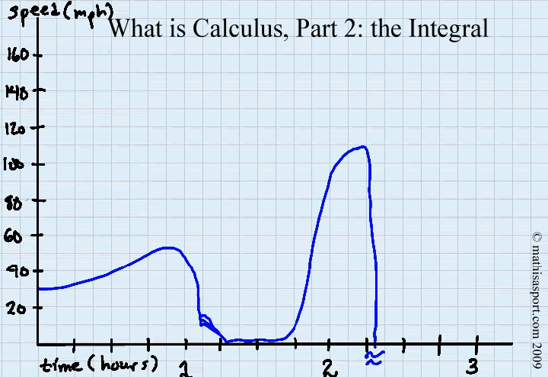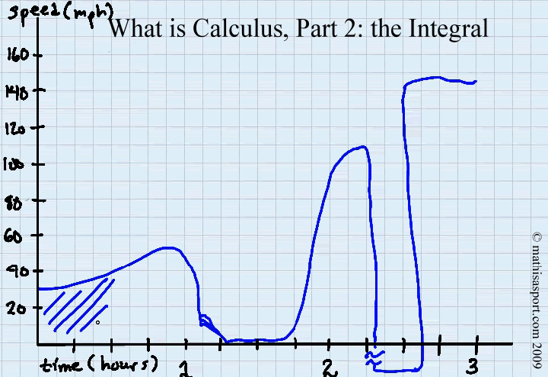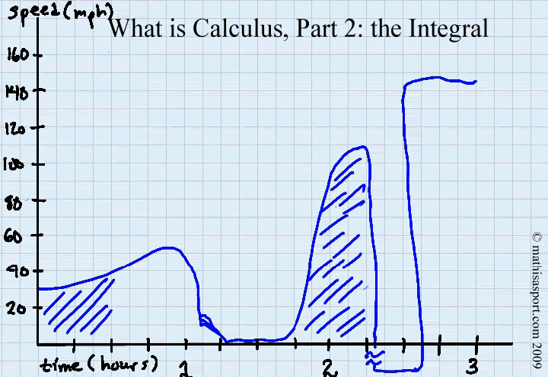Notice that because we were moving backwards, our speed would have been negative. And then finally we really hate to admit how fast we're going there at the end. But if the two previous examples have told us anything, it suggests that no matter how complex the curve that covers our speed is, it's still the case that somehow the area under this curve is in fact the distance that we drove and would sum up to 180.